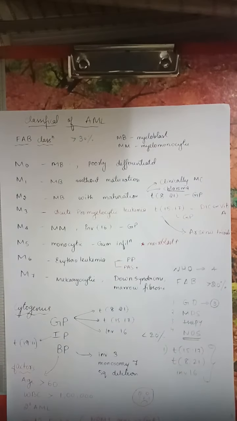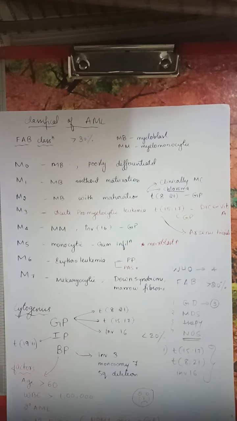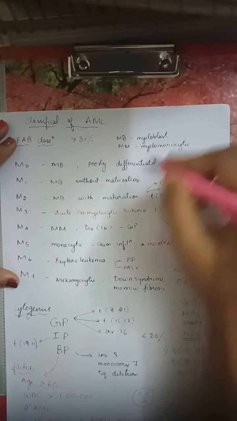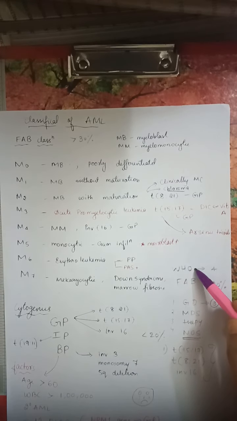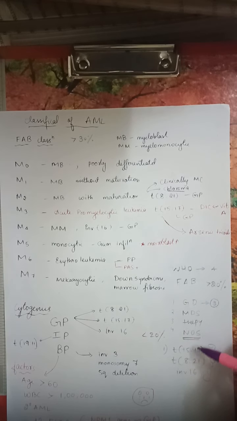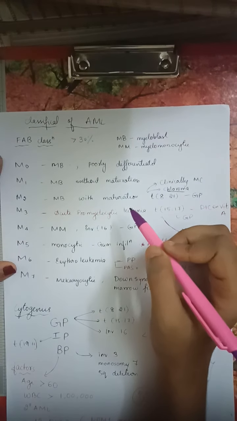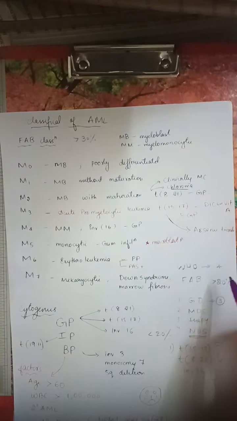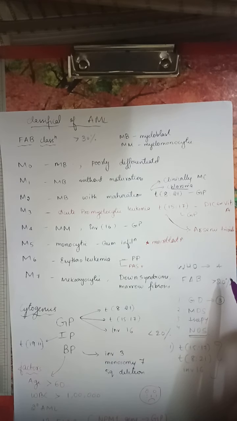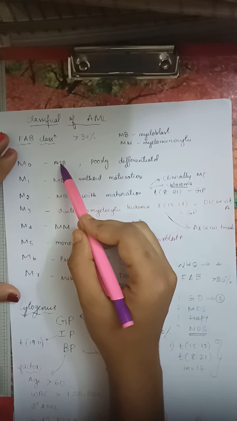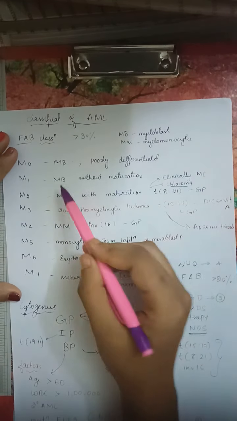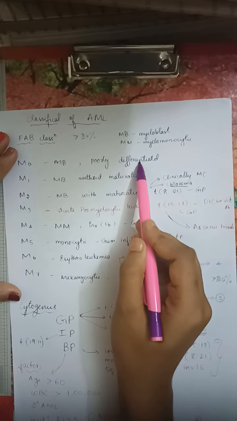These people classify basically on morphology and stains, whereas WHO was clinically oriented and based on cytogenetics, like all these translocations. So it is divided into M0, M1, 2, 3, 4, 5, 6, 7. Now remember, M0 is AML with myeloblast, poorly differentiated.